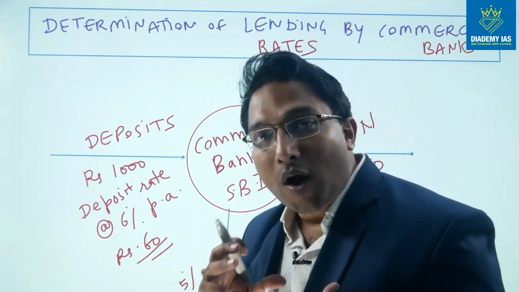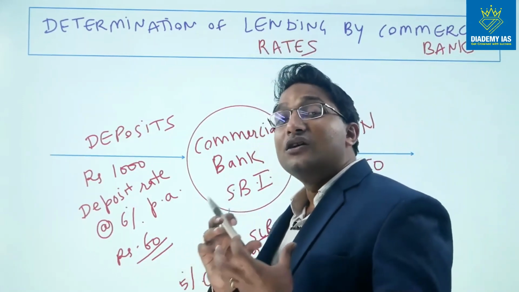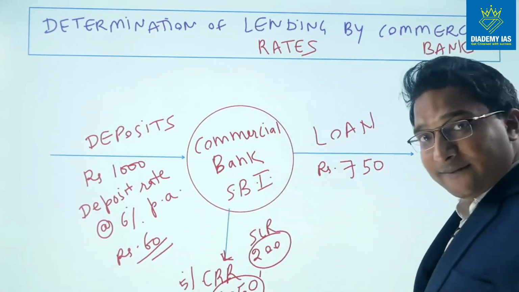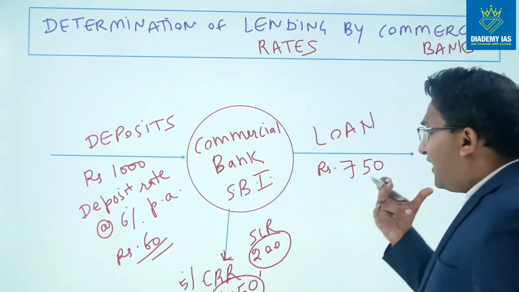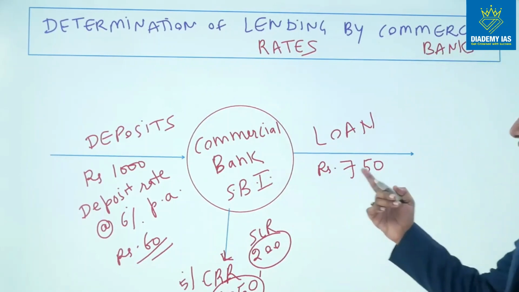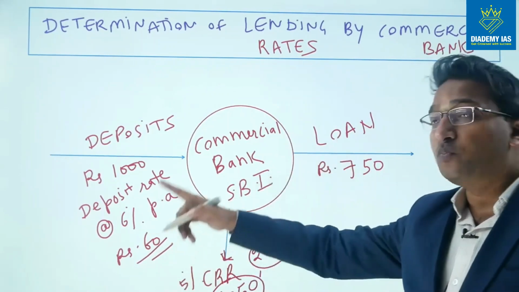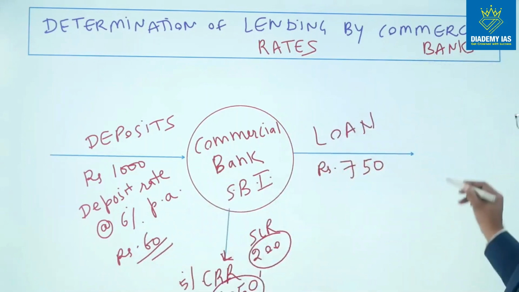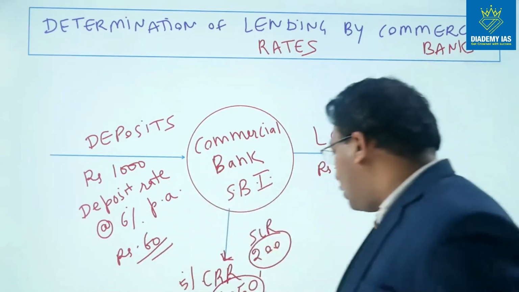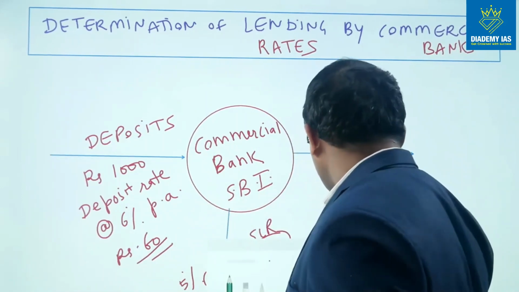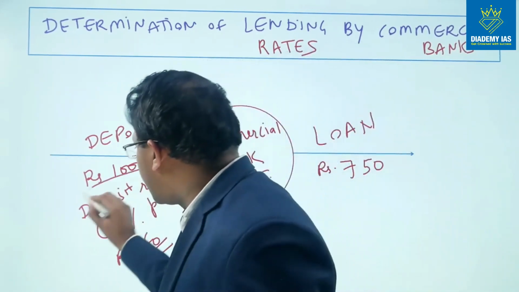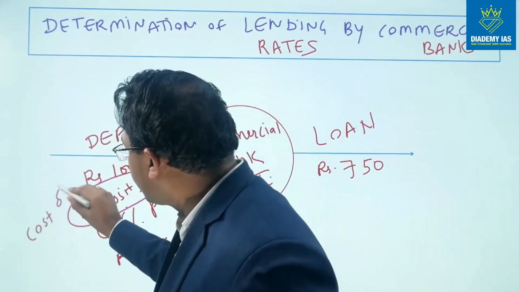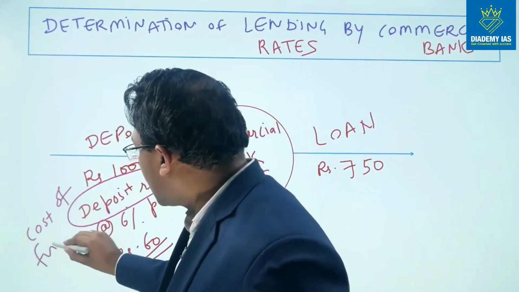Now what is the rate of interest which the SBI will be charging on this 750 rupees? It is very common sense that this 60 rupees which is being paid to the depositor, first of all this 60 rupees will be charged, and this 60 rupees or deposit rate is also called the cost of fund.